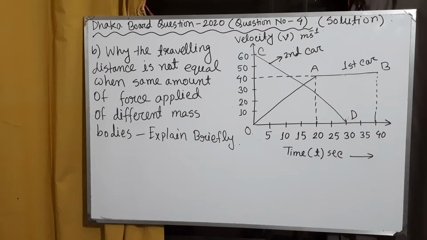Different accelerations produce different velocities in the bodies. So the bodies travel different distances. So the traveling distance is not equal when the same amount of force is applied to bodies of different mass.